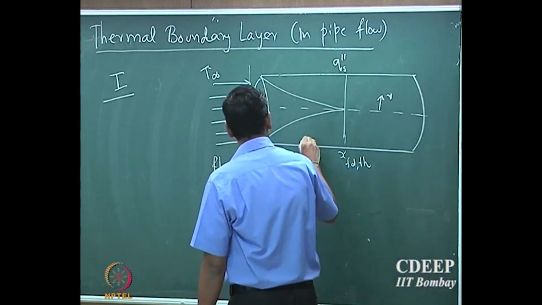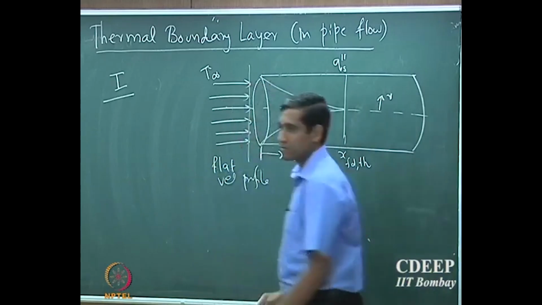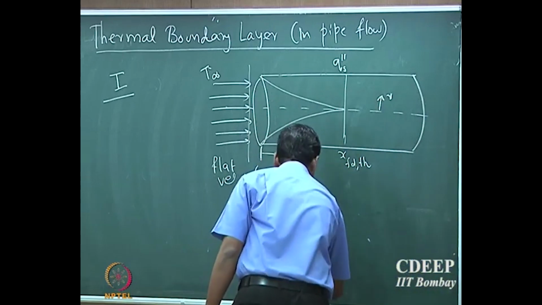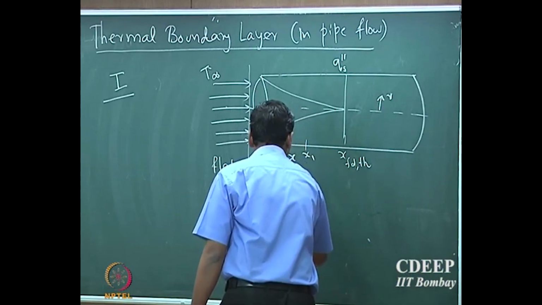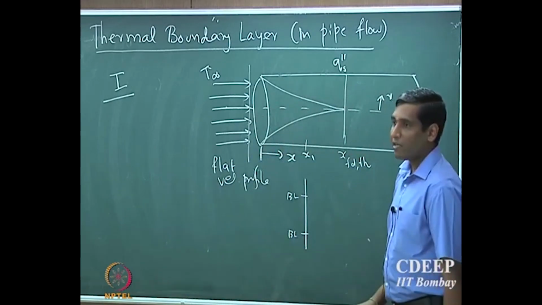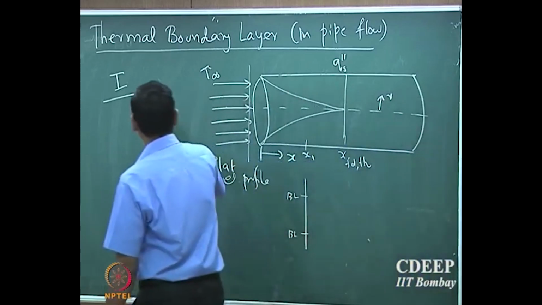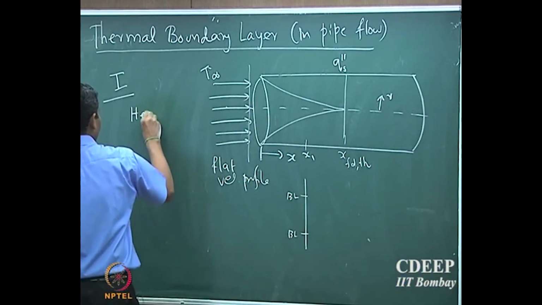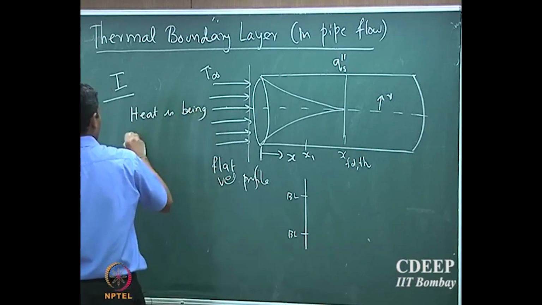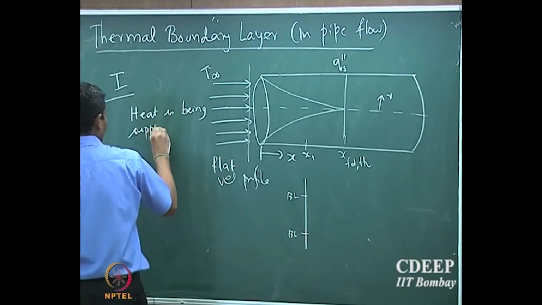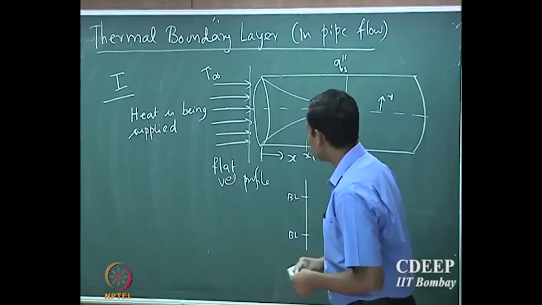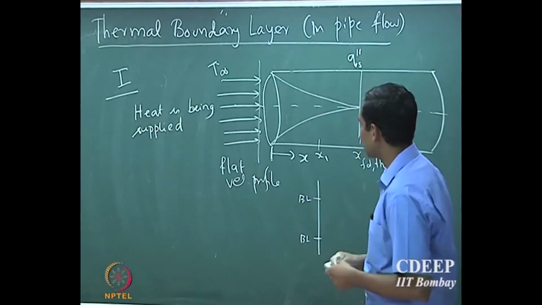So now what will be the temperature profile? Suppose I take x1. Okay. So I want to draw the temperature profile. So let's say that this is the boundary layer location. And the temperature, if I assume that the heat is being supplied to the fluid, okay.